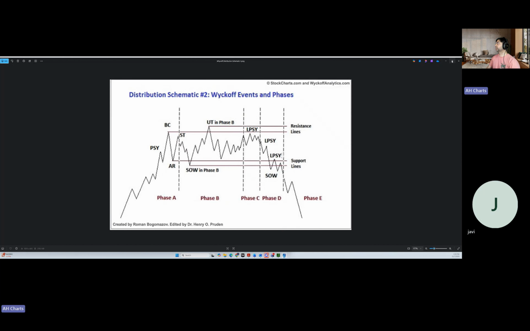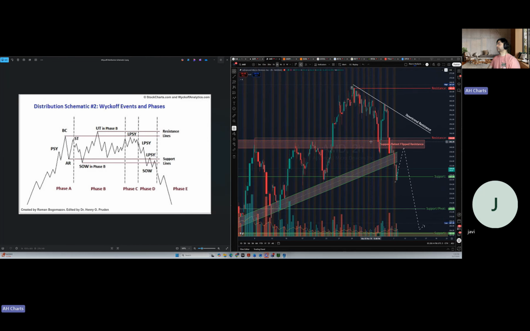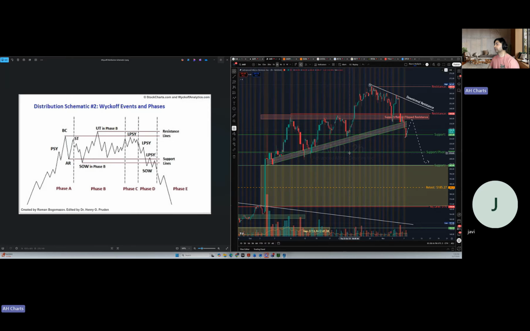Let me see if I could do this. Maybe this may be better side by side. You guys can see this, right? Okay. So you have your BC right here, right?